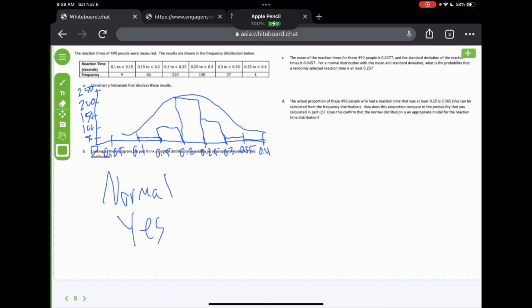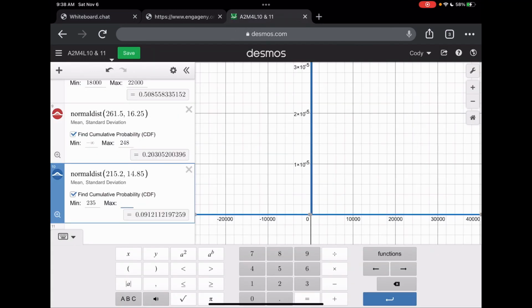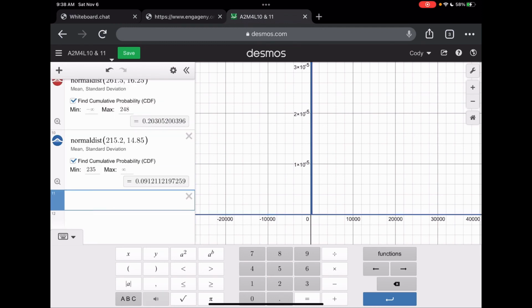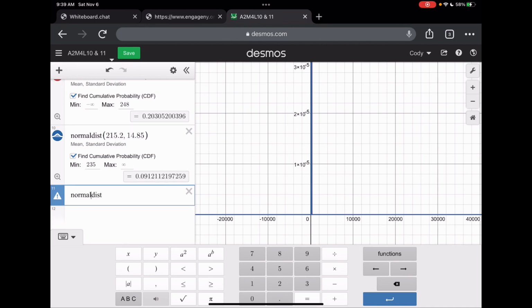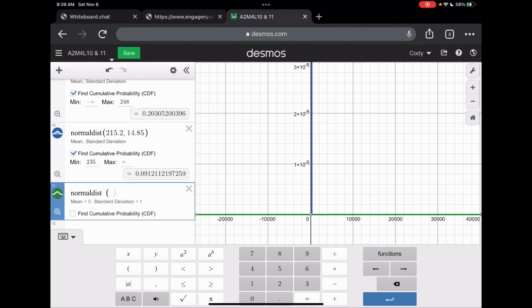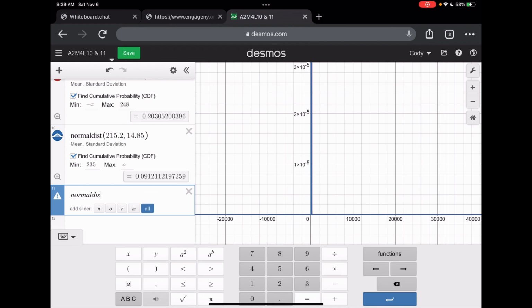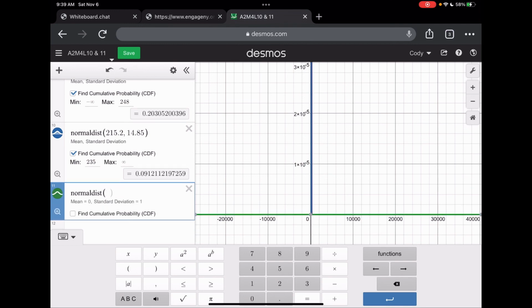Well, I want to come back over here, and I just want to do another normal distribution calculation. If I can spell normal. And if you notice, it was in italics, and then it went to regular. When it's in italics, it means there's no function like that. So if you keep typing and you finally find the actual function, it will go to a regular, non-italicized font.